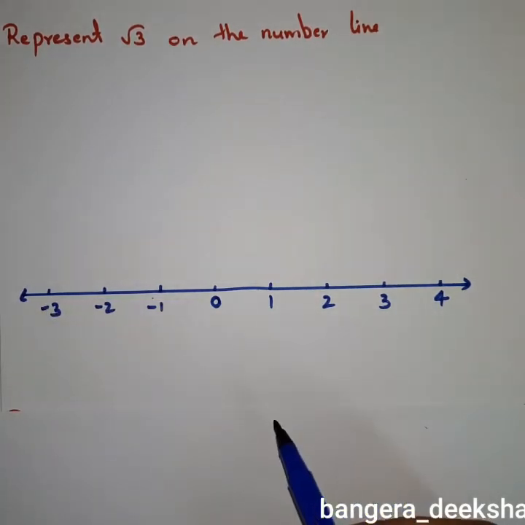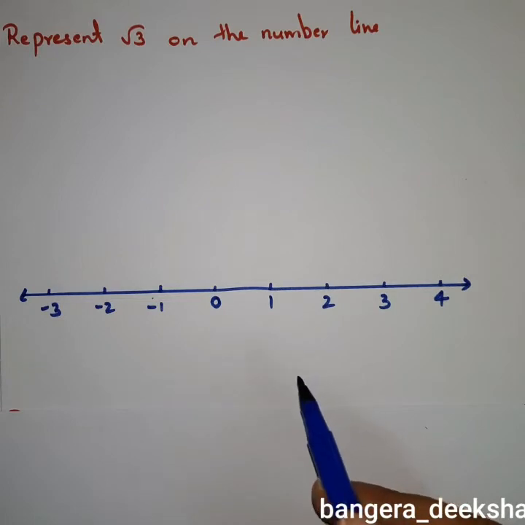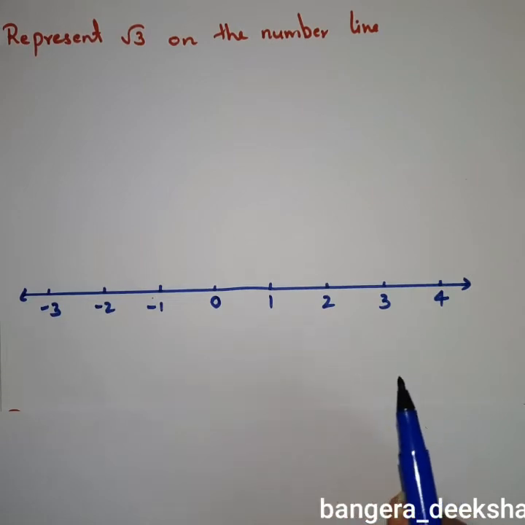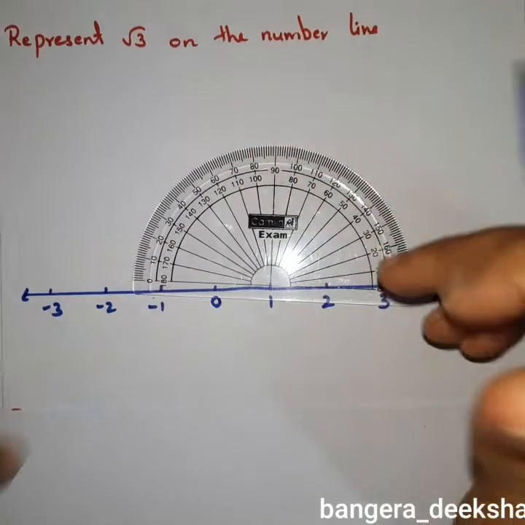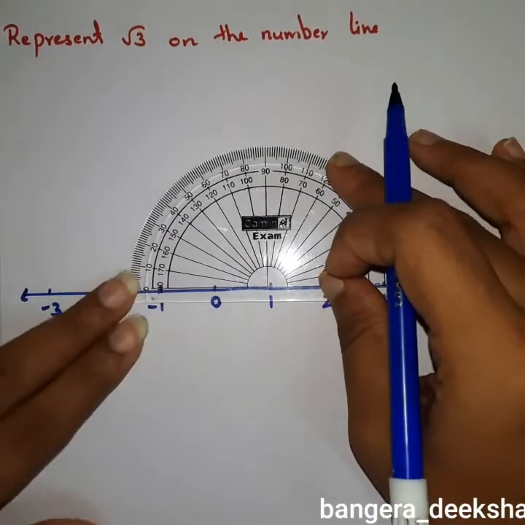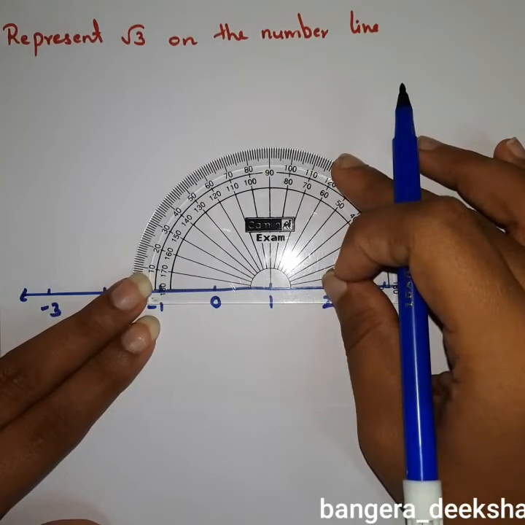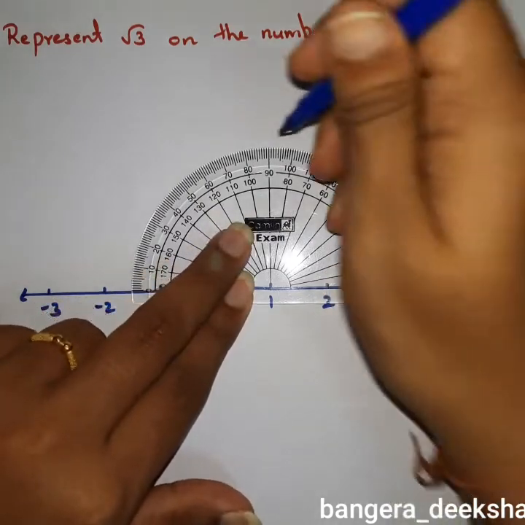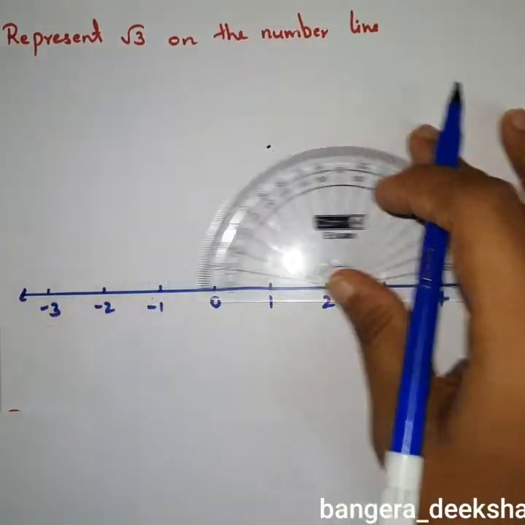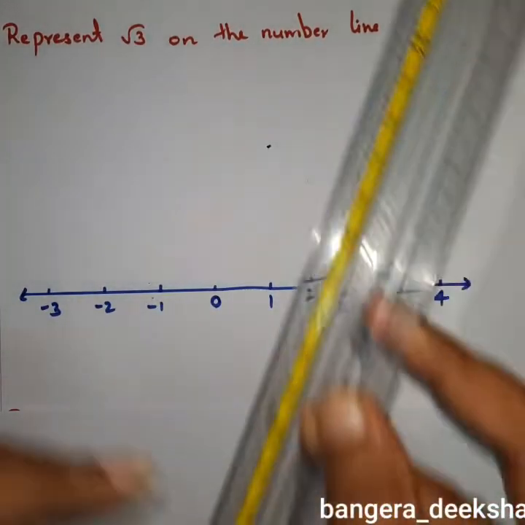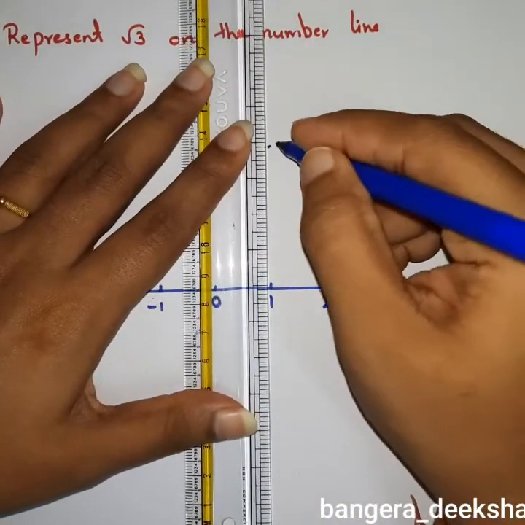In the same way for root 3, first you need to construct root 2 and then go for construction of root 3. So first we will measure 90 degree at 1. We will mark 90 degree and draw a line joining the point and the number 1.